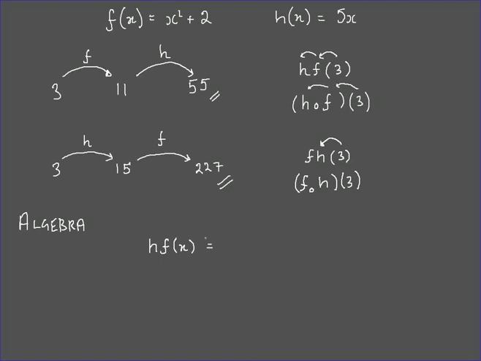Now we're going to go through f first, so I'm going to leave the h and I'm going to deal with the f. And this is where you must deal with the instruction and not the letter. So don't be bogged down by letters here, just deal with what the function tells you to do, which is multiply by 5.